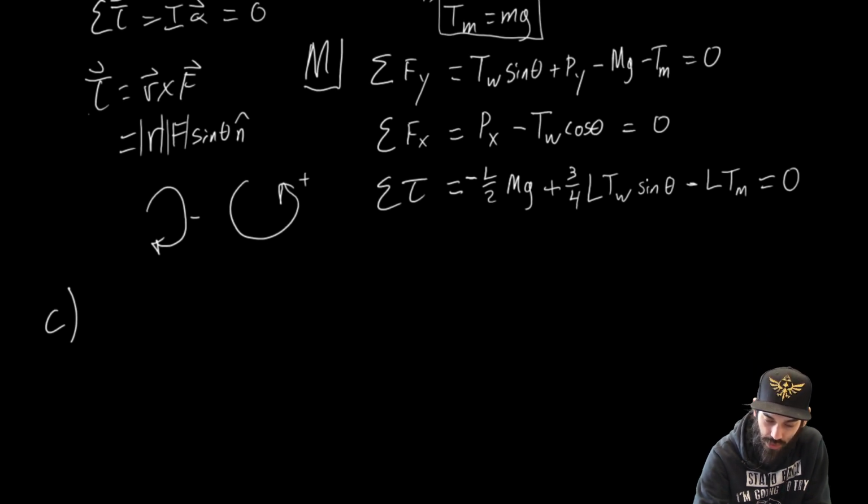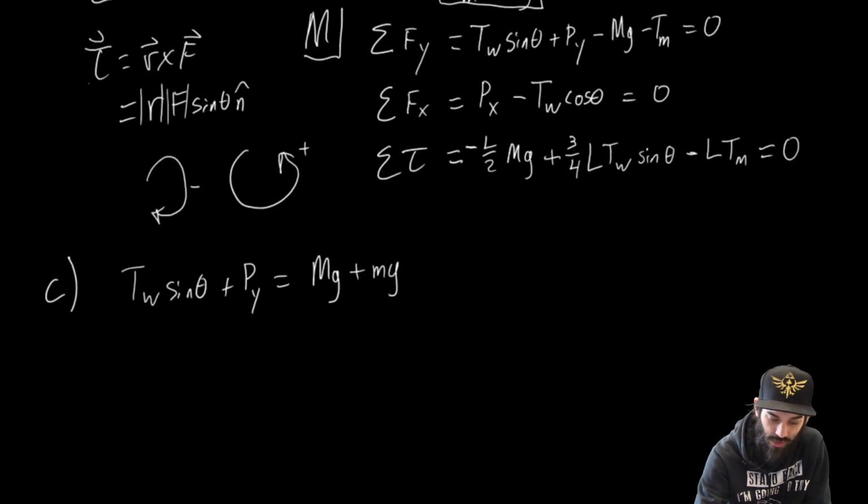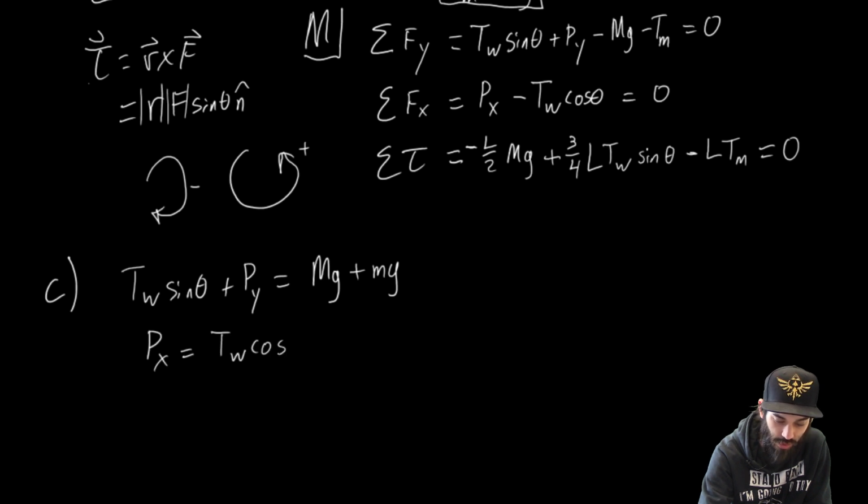So what we have is TW sine of theta plus p sub y is equal to capital MG plus, we know that t sub m is going to be lowercase mg, so this is going to become a lowercase mg. The next equation says that p sub x is going to be equal to TW cosine of theta.